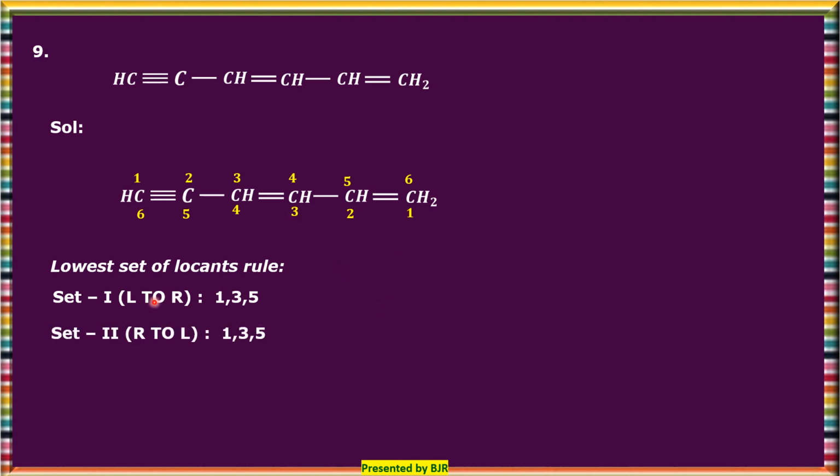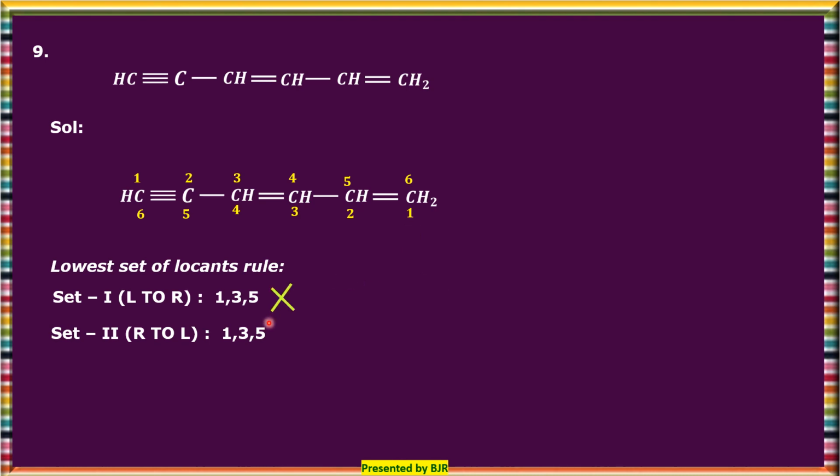You see here the two sets of locants have turned out the same. Both are the same. At that time double bonds are given priority. That means double bonds are to be assigned the lowest numbers possible.